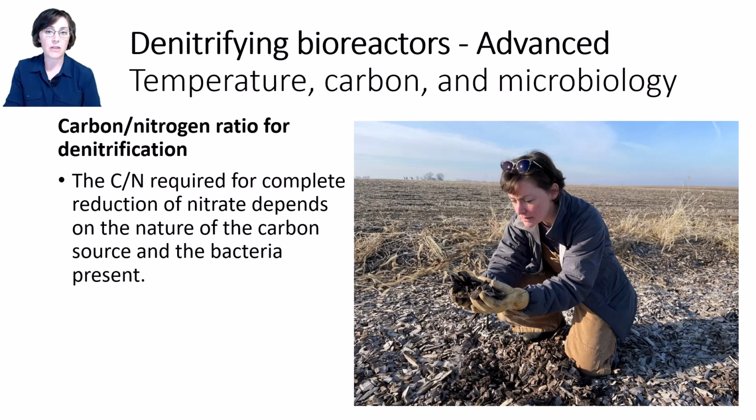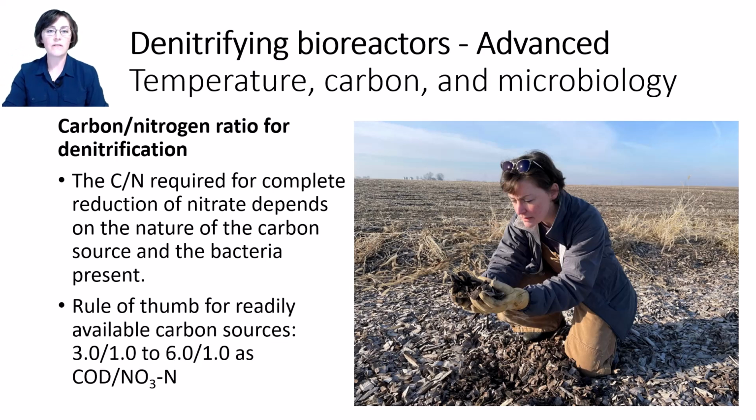One way to think about the carbon required for denitrification is by using a required carbon to nitrogen ratio. This comes a little bit more from the wastewater treatment side, but the carbon to nitrogen ratio required for complete nitrate reduction, that is denitrification, depends on the type of carbon, like how complex or simple the carbon chains are, and how available that carbon is, as well as what type and species of bacteria are present.